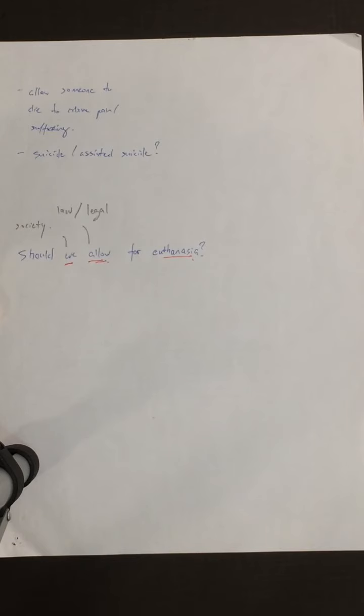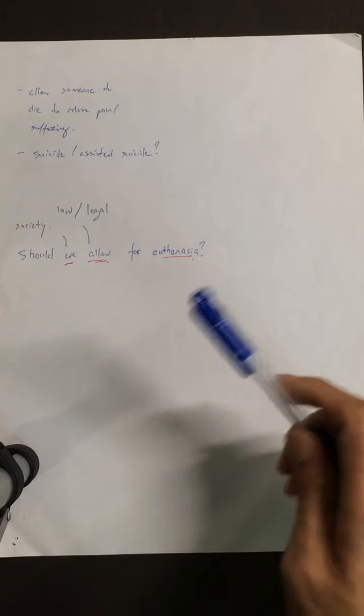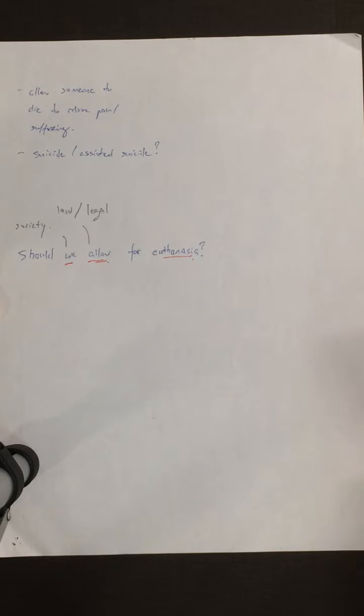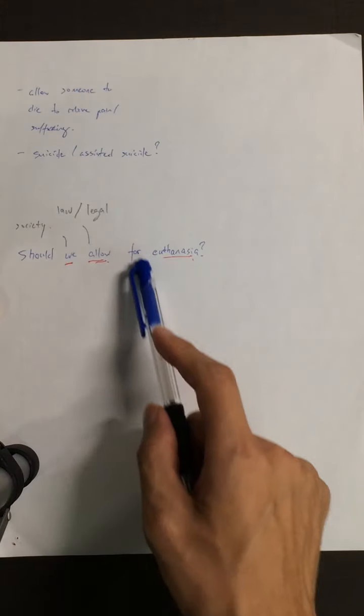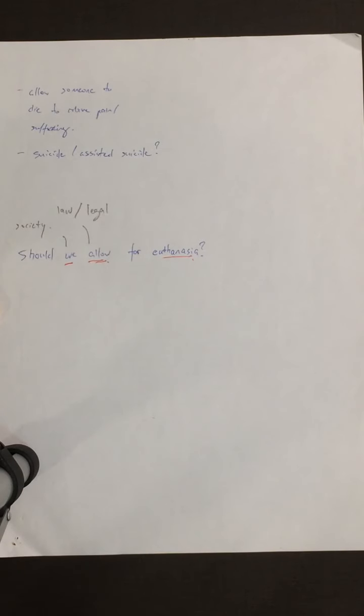Okay, now step 1, define keywords, key terms, and the implications. So what else do we need to think about? At the back of your mind, you should be thinking, how are we going to solve this problem?